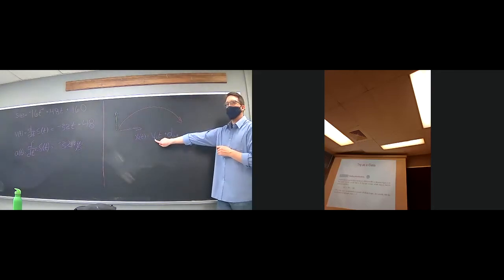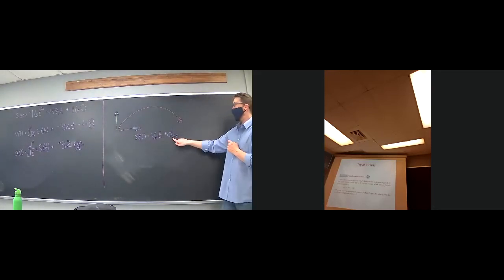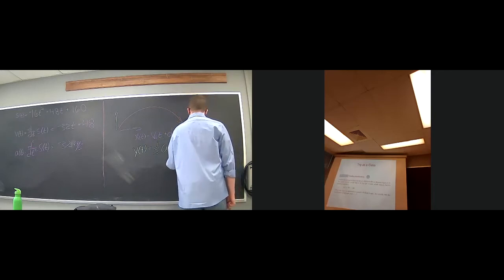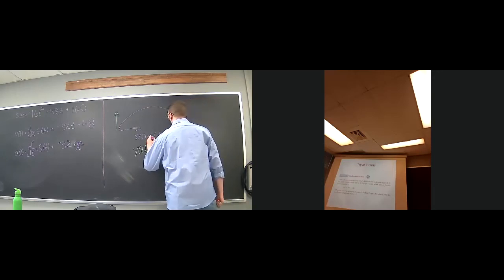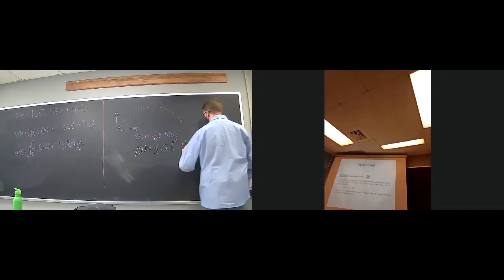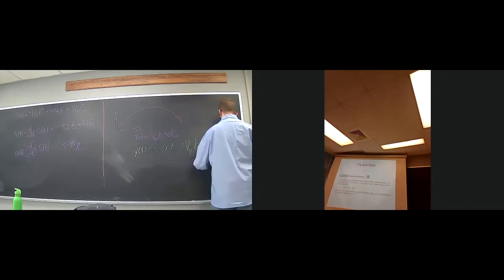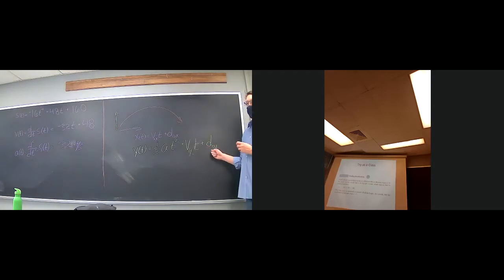So this is your velocity in the x direction initially. This is your position in the x direction initially. For the y position, it's going to be equal to 1/2 a t squared plus initial velocity times t, plus your initial position in the y direction.